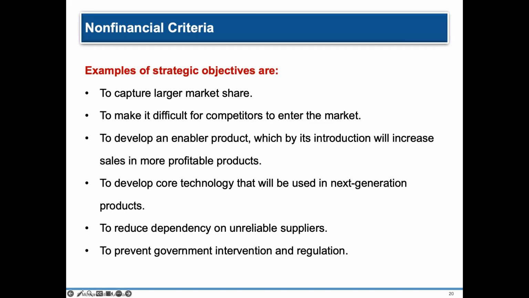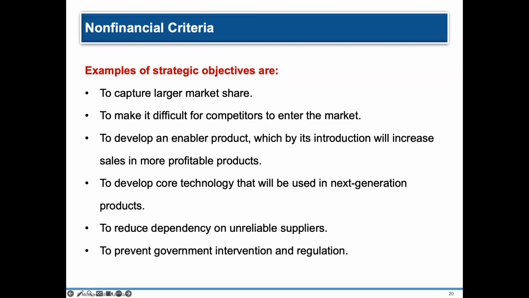Gagastosan ko muna because it means that for every penny that I spend to capture new customers and expand my market, it will also boost my sales. All right. Second example is to ensure that competitors have a difficult time to enter the market.